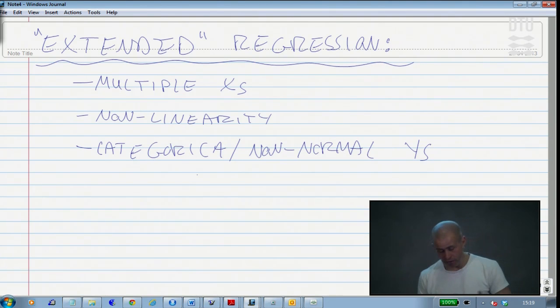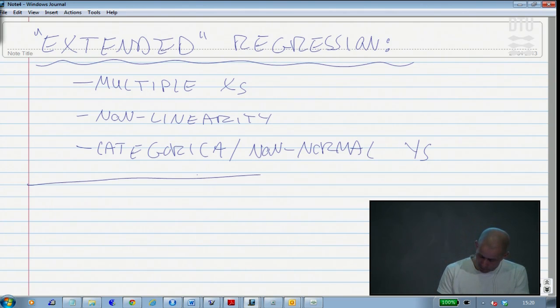These are three very important things where our classical regression, simple XY regression, in a way breaks down. It's not enough, but we can still do regression modeling in these generalized situations.